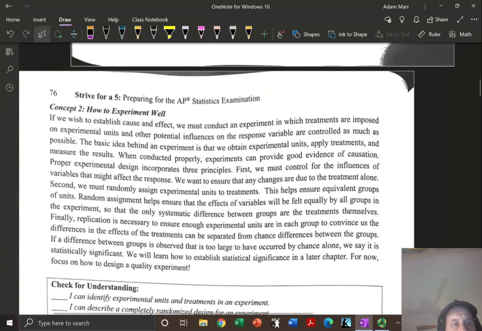All right, let's go to concept 2. If we wish to establish cause and effect, which almost all the time is the point, right? We must conduct an experiment in which treatments are imposed on experimental units and other potential influences on the response variable are controlled as much as possible. All right, a lot of information here.